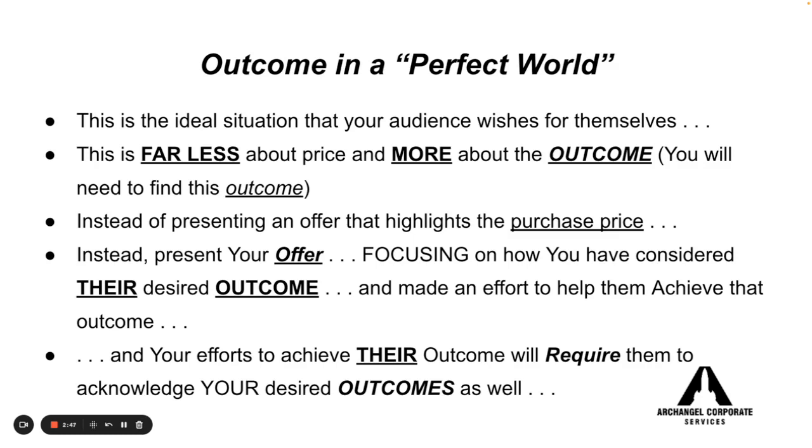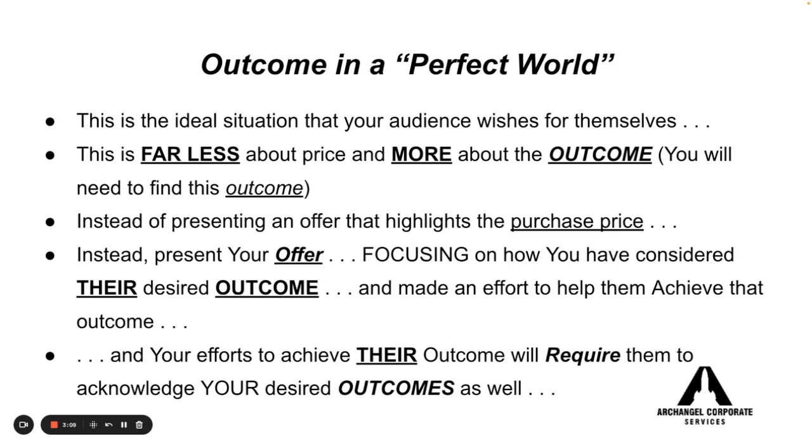And whenever you hear me encourage or really preach to put yourself in the shoes of your audience, this is what I mean. So in our offer, it should be far less about the price and far more about the outcome. So you will need to find out this outcome through your questions, through your conversations, through your listening skills, and so on and so forth.